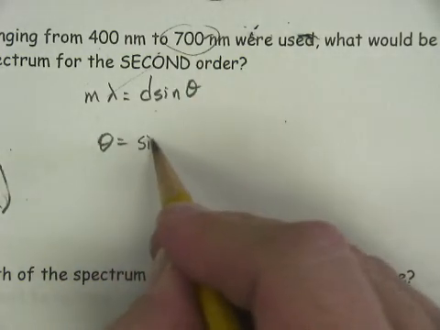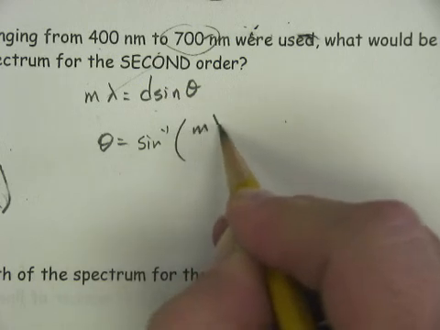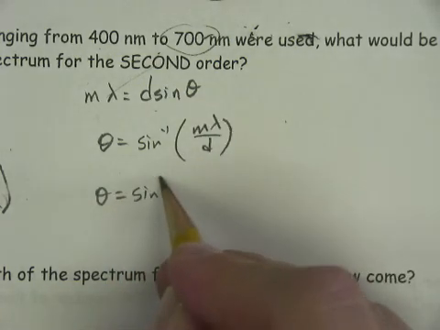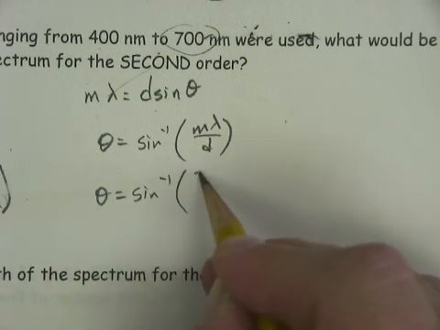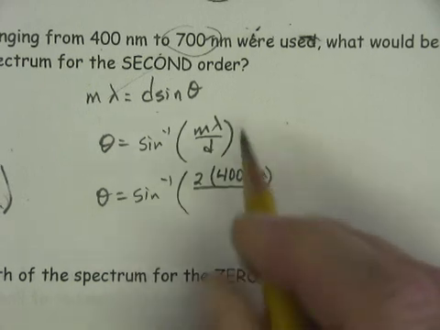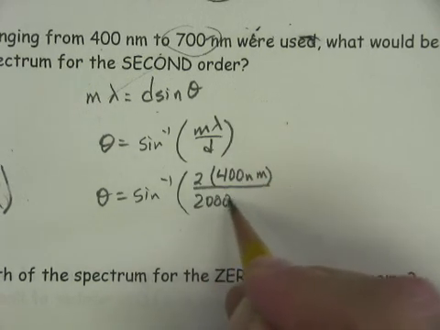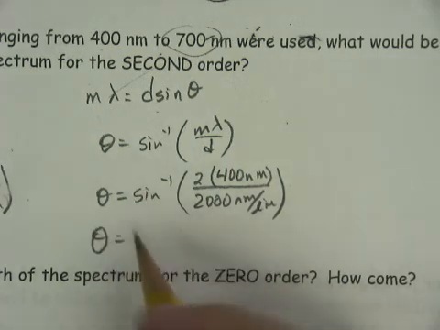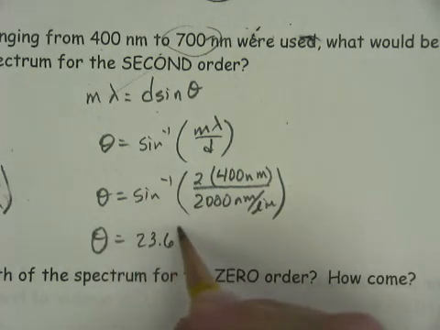Theta equals inverse sine of m lambda over d. So theta is equal to sine inverse of 2 times, in this case, 400 nanometers all over 2,000 nanometers per line. And if you do the math on that, it comes out to be 23.6 degrees.